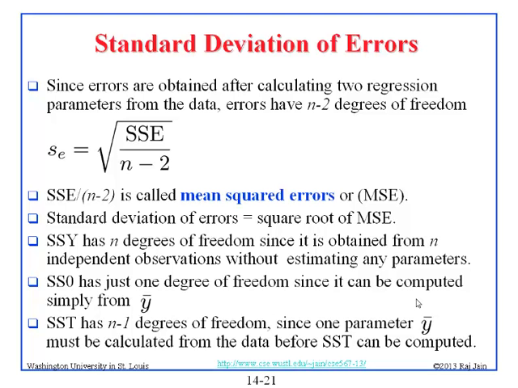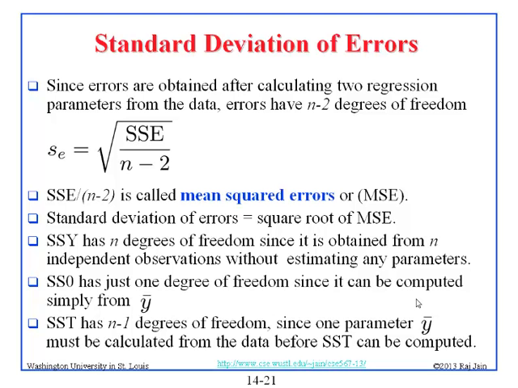Why n minus 2? Because the errors have n minus 2 degrees of freedom. Why n minus 2 degrees of freedom? Because when you are given a sample of n observations, you already calculated 2 parameters, B0 and B1, before you got to the errors.